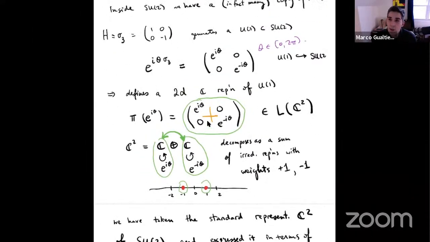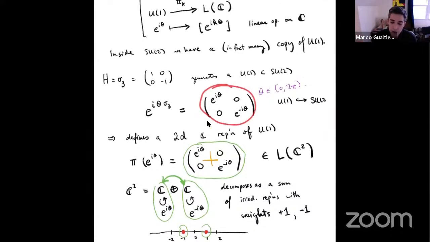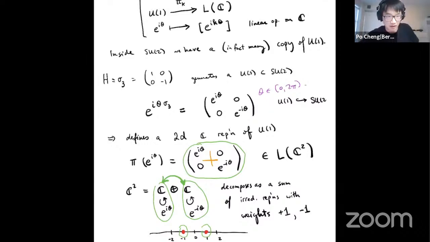I do have a question. This is identifying the weights of this representation, the representation which is 2 by 2 matrices. What's the domain of pi? Yeah, I think pi is a composition, right?